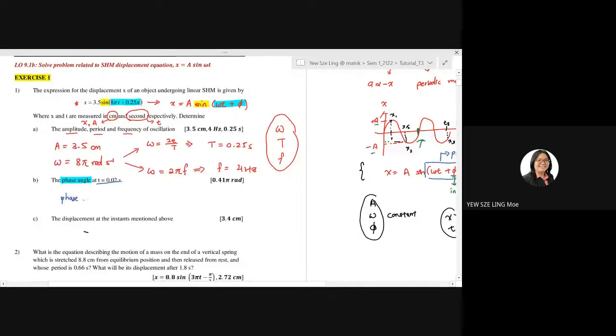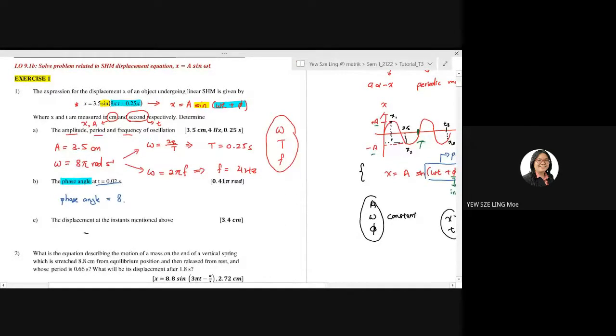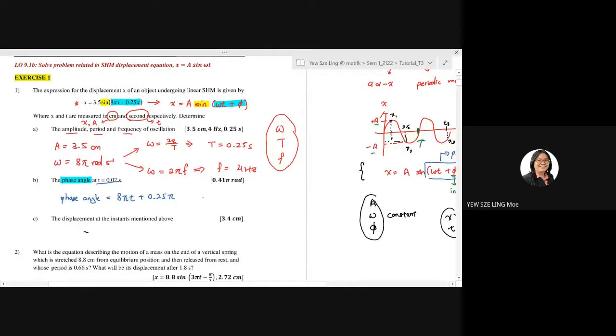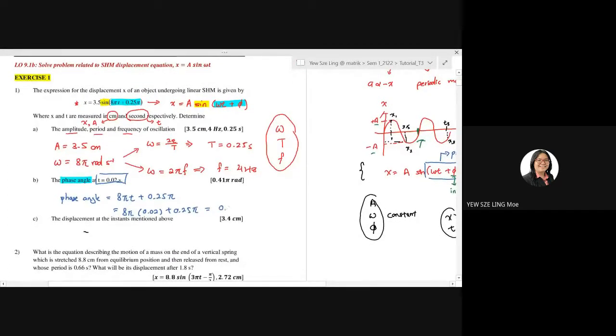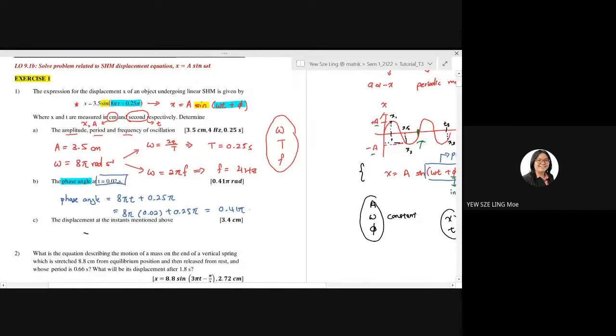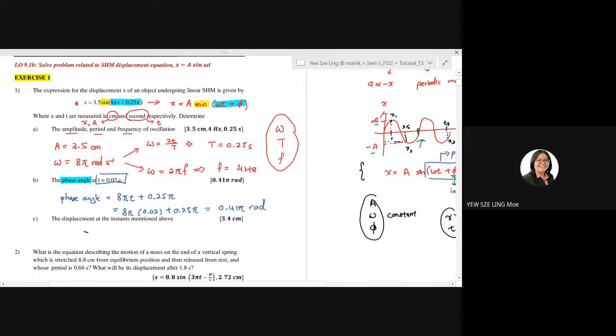Given time t equal to 0.02 second, what are you going to do? Well, just plug in the value. So it is equal to 8 pi times 0.02 plus 0.25 pi, which is then equal to 0.41 pi radian. Okay, 0.41 pi radian.